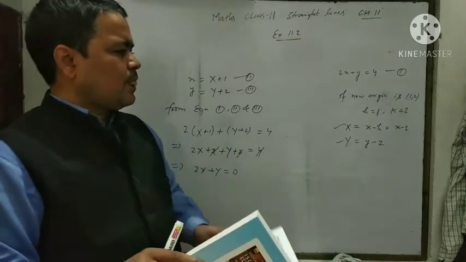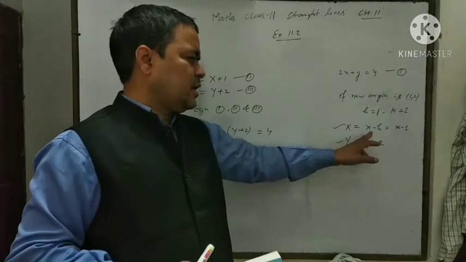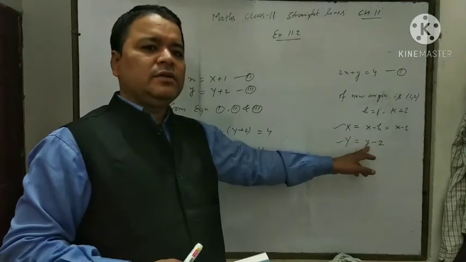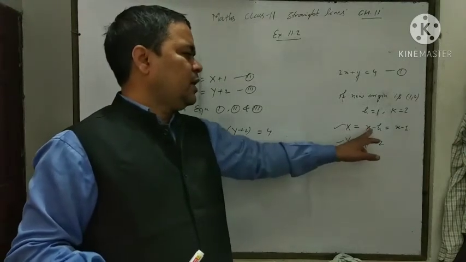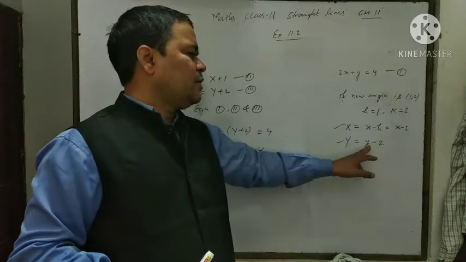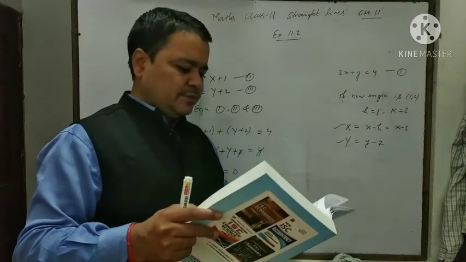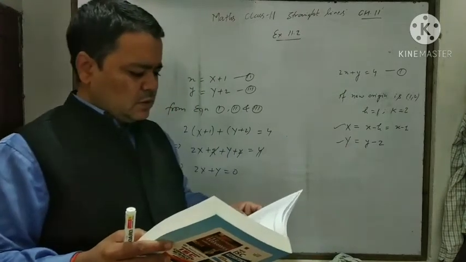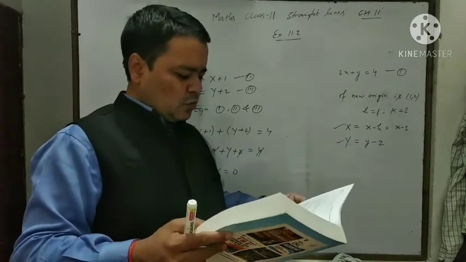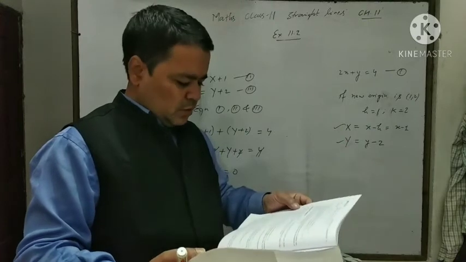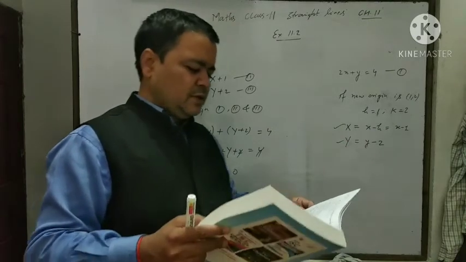So if the original coordinate is x and y, then its new coordinate will be x minus h and y minus k. Similarly, two more concepts are given. You go through them and try to understand.